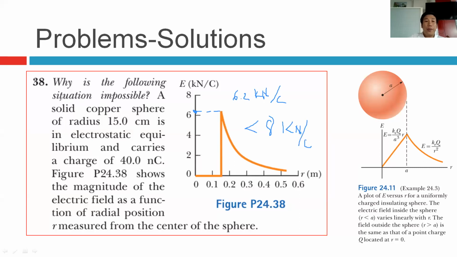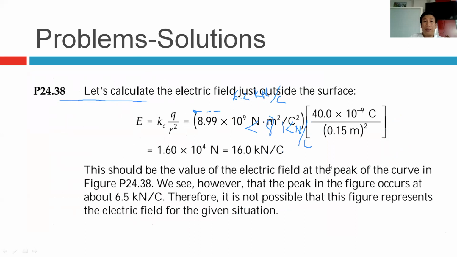So the impossible thing here is that the maximum electric field is too low as compared to what we calculated. That is the impossible thing.